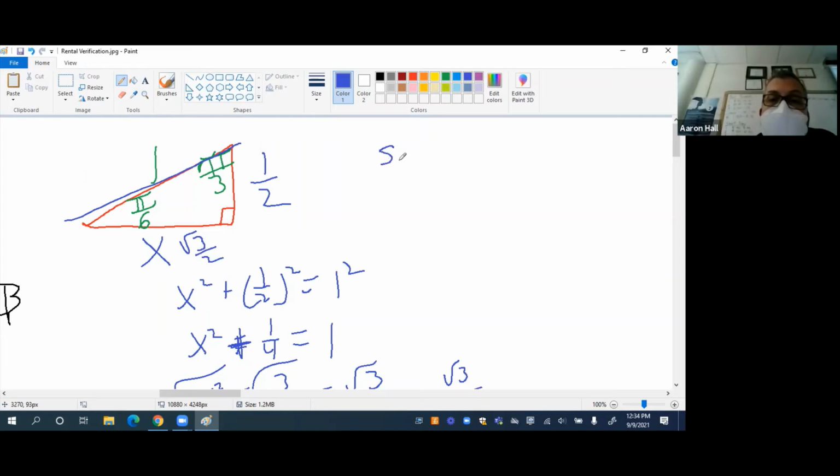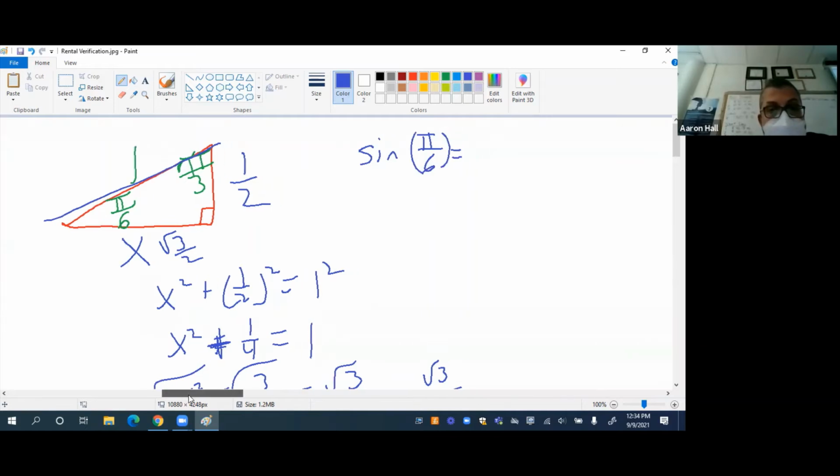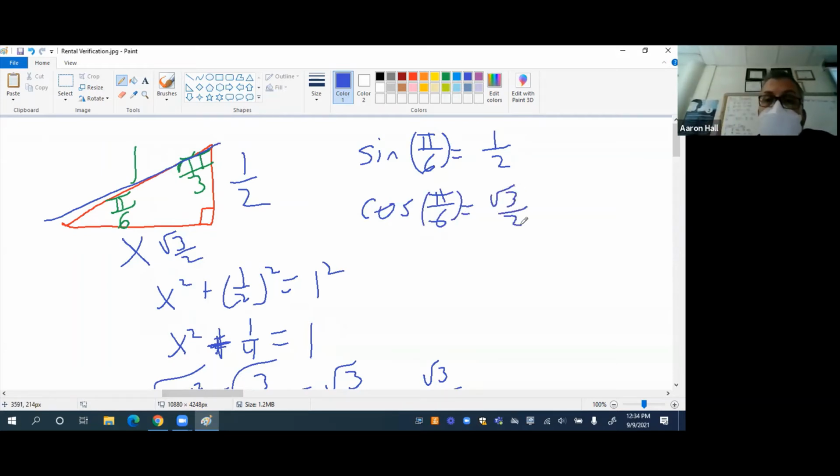What is sine of pi over 6? It's opposite over hypotenuse. Here's my pi over 6. Here's 1/2. What is cosine of pi over 6? It's the adjacent over hypotenuse. That's the square root of 3 over 2 over 1, which is the square root of 3 over 2.